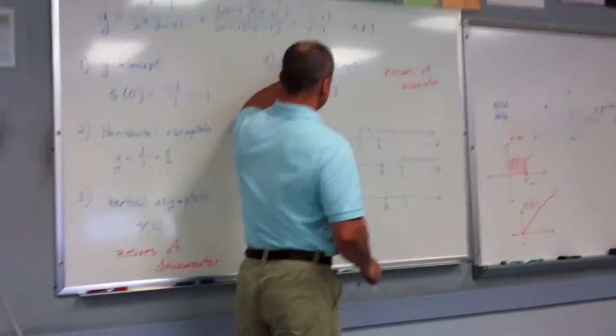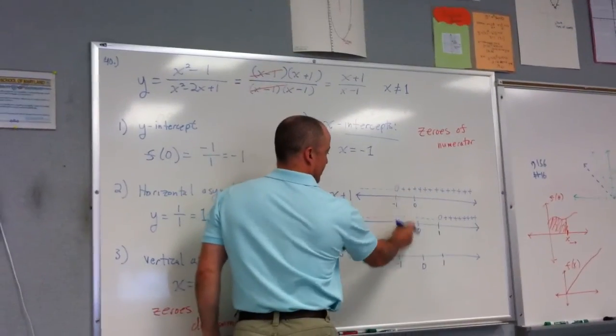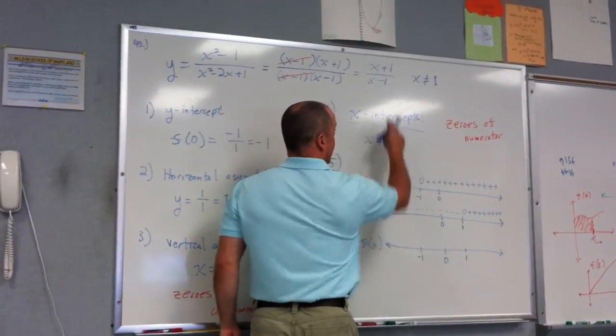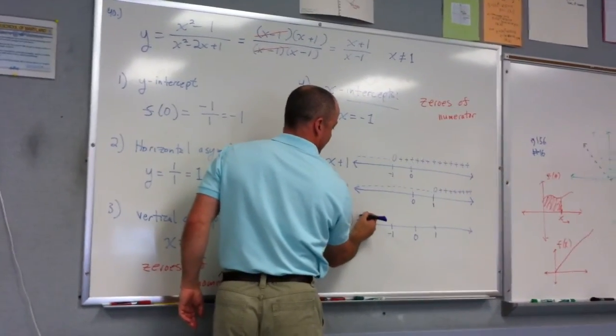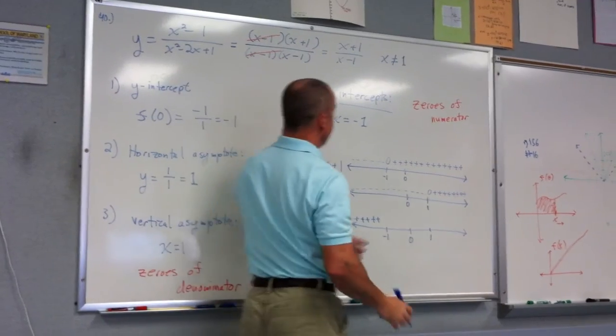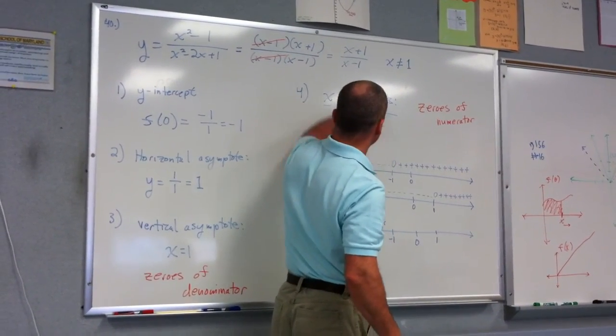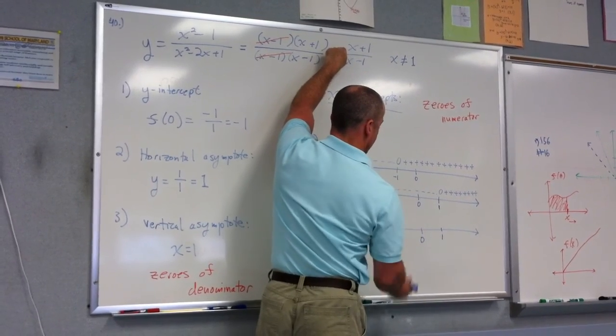Looking at the whole function, x plus 1 over x minus 1, to the left of negative 1, I will have a negative divided by a negative, and what will that give me? Positive, Jen says, and I believe her. At negative 1, I'll have a 0 in my numerator, so the function equals 0.